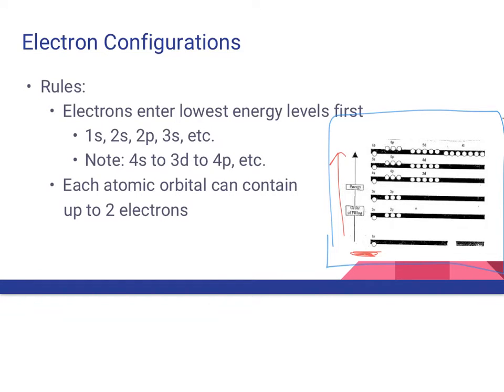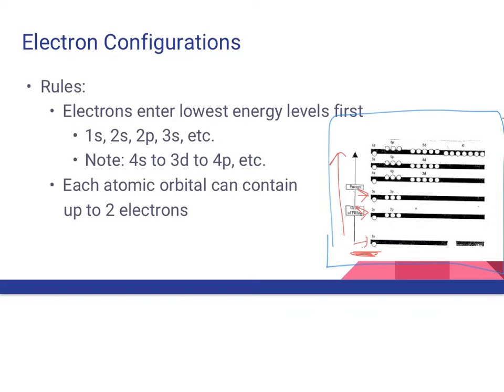Each one of these bolded lines is going to represent an energy level. So this is the first energy level, here's the second energy level, the third energy level, etc. And again, the higher the number, the farther away from the nucleus the energy level is located, and the more energy the electrons in those energy levels contain.